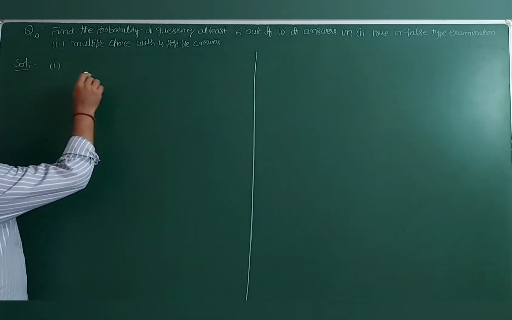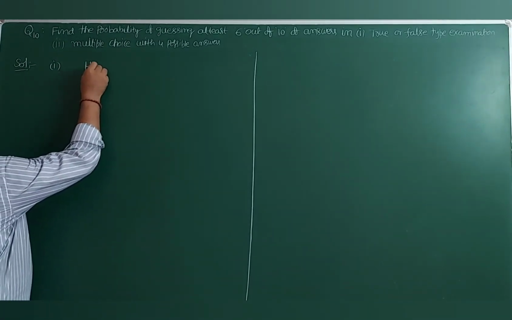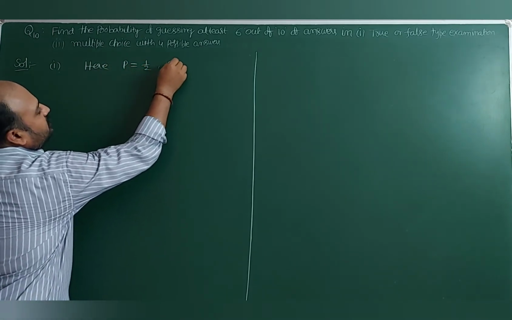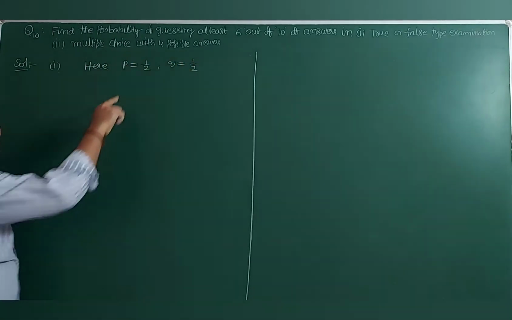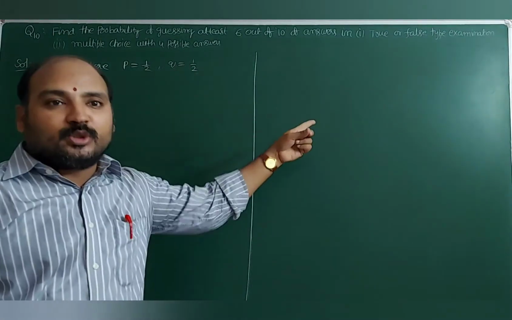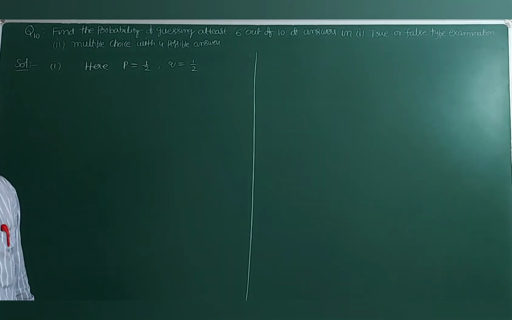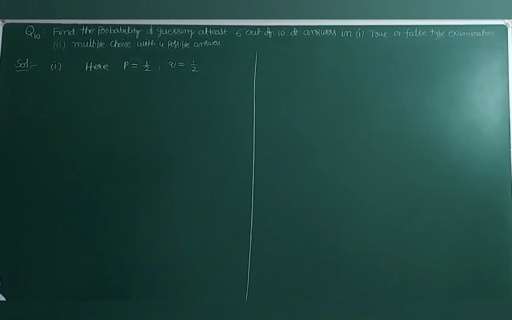So in the first case, P is equal to 1 by 2 and Q is also 1 by 2. Here P represents the answer is true, and Q represents the answer is false. In that way you can take it.